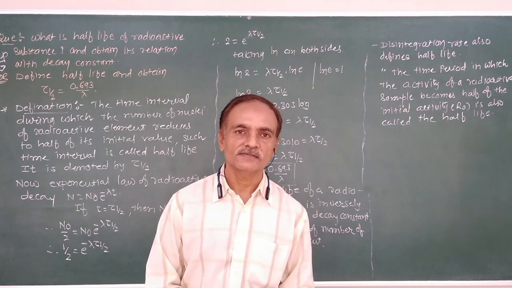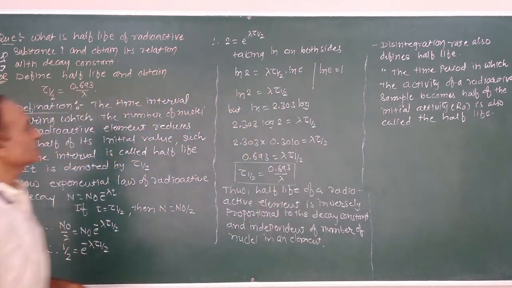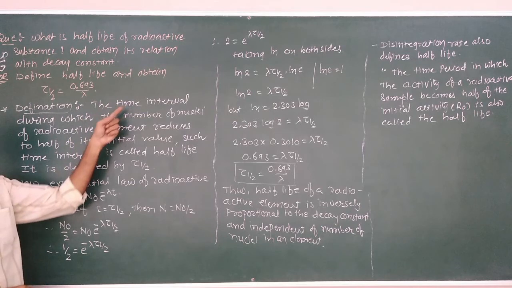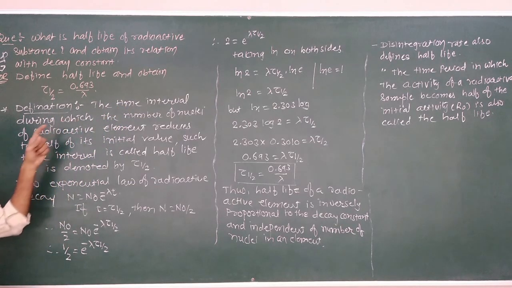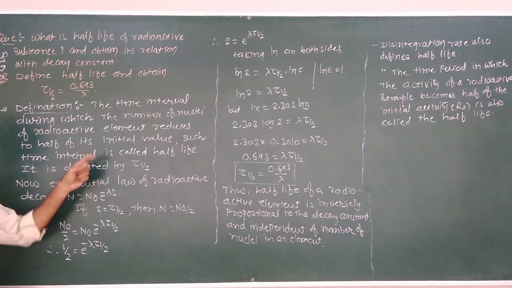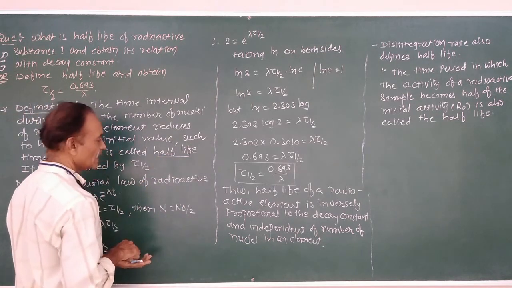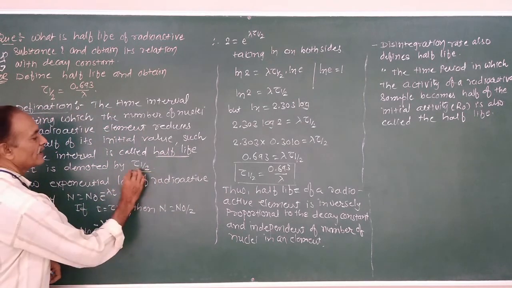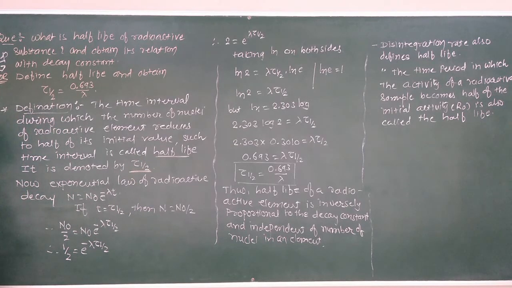Half-life is the time interval for which the number of nuclei of a radioactive element reduces to half of its initial value. Such a time interval is known as the half-life of a radioactive substance. It is denoted by τ½.